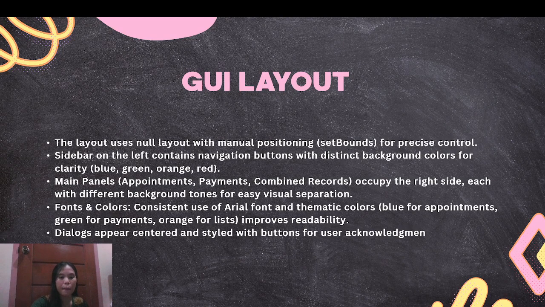On the right side, we have the main panels for content, each with its own background tone to separate tasks visually. This thoughtful design ensures that receptionists won't get confused between modules. Fonts and colors are consistent, which improves readability.